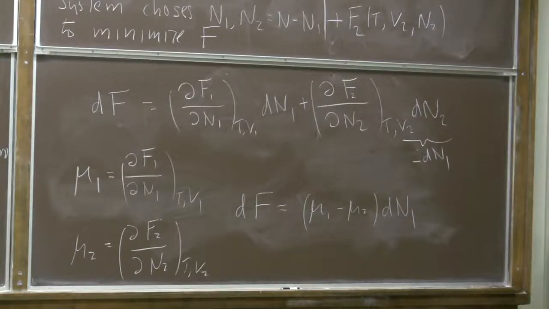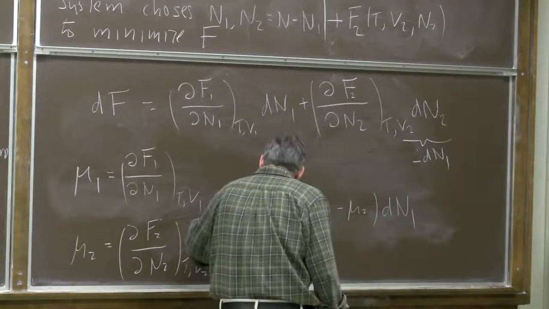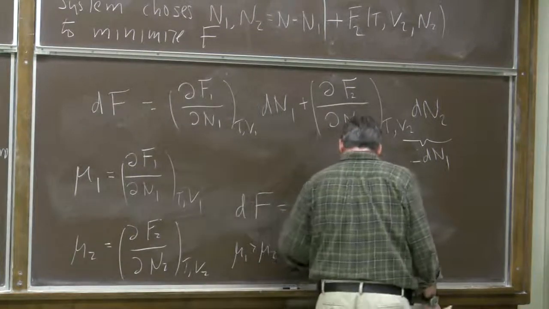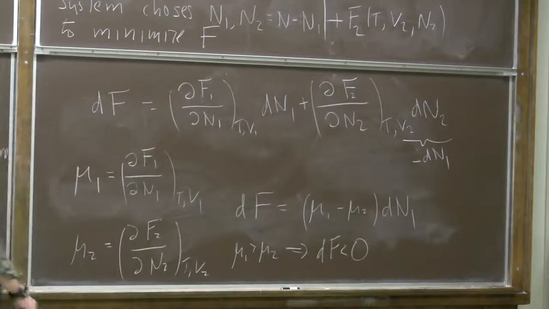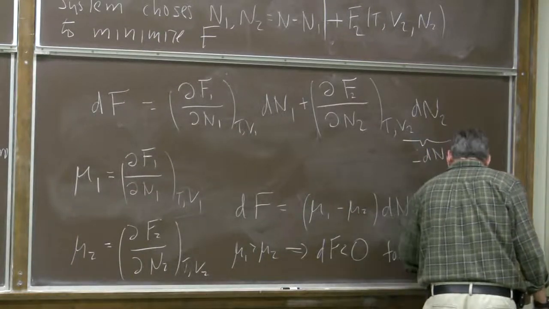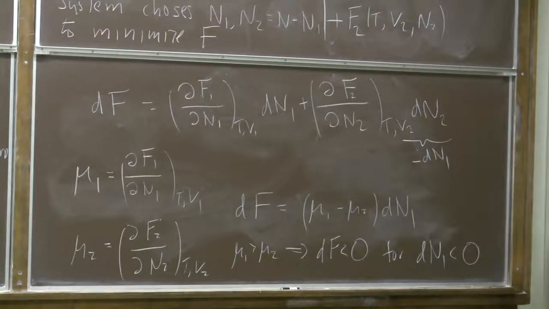The system seeks out a more probable configuration by going to lower free energy. So if mu1 is greater than mu2, we'll have dF less than 0, which means we're going to a configuration with more accessible states for dN1 negative. So particles want to flow from 1 to 2, from higher chemical potential to lower chemical potential.